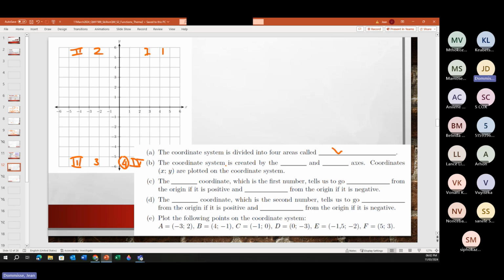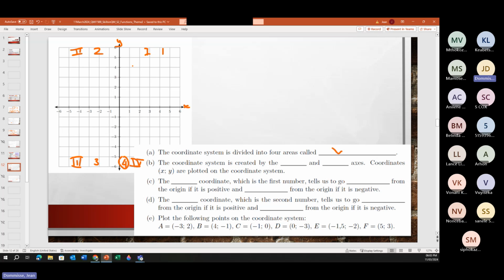The coordinate system is created by which two axes? Always, when you look at this type of graph, linear or even quadratic, we will look at the x and the y axis.